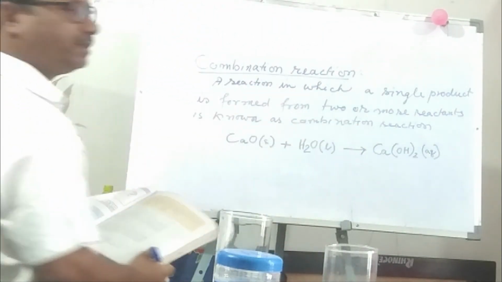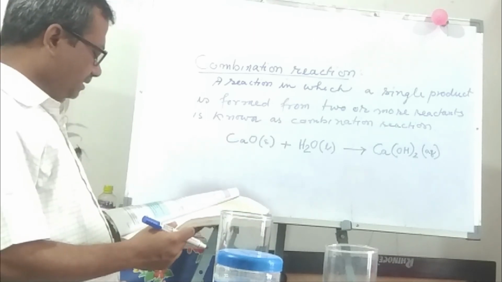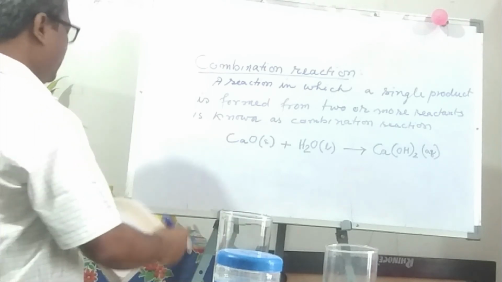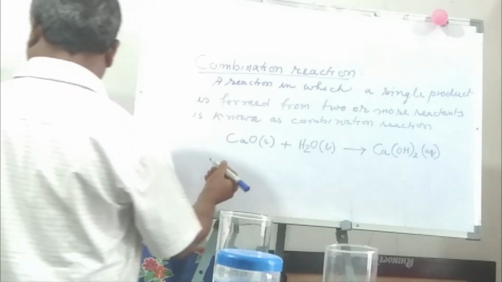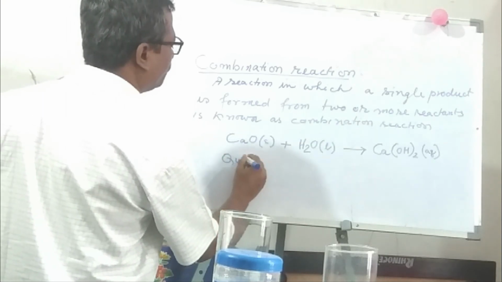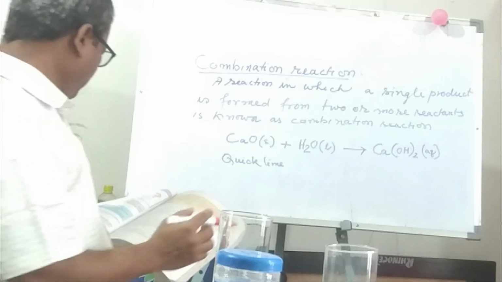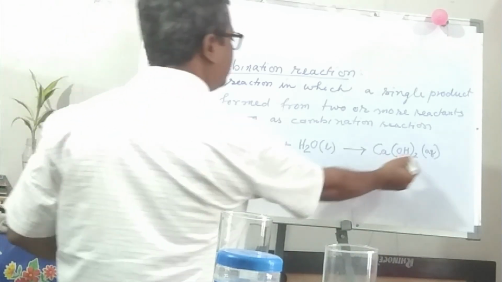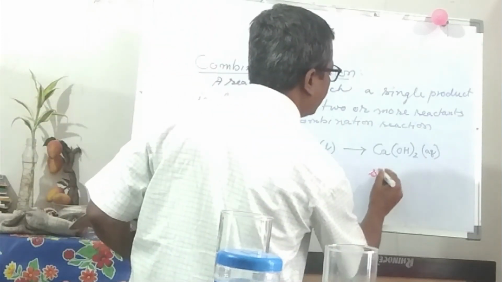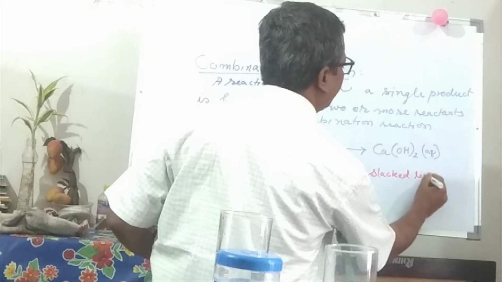Single product is produced. This is called combination reaction. Calcium oxide is solid. It is known as quicklime. Water is liquid and calcium hydroxide is aqueous, and it is known as slaked lime. Slaked lime.